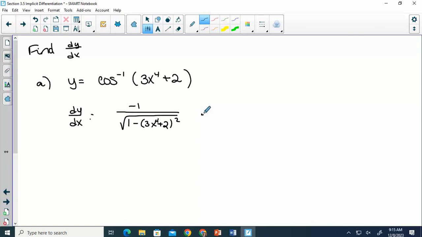So chain rule times derivative of the inside. What's the derivative of 3x to the 4th plus 2?